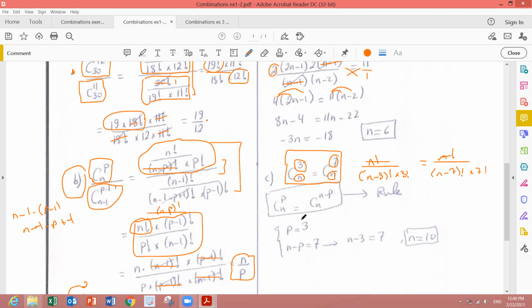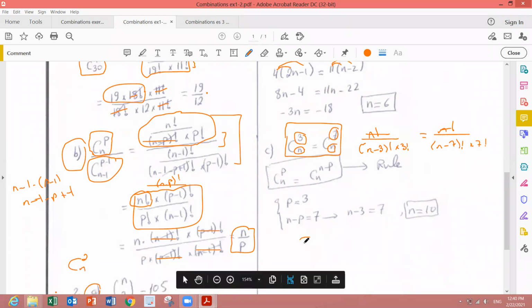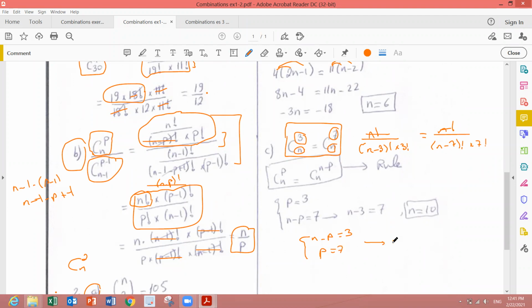So if I take p equal 3, will n minus p equal 7? So p equals 3, replacing p by 3, n minus 3 equals 7, n equals 10. With the same, if I put n minus p equals 3, will p equal 7? I will get n equals 10.